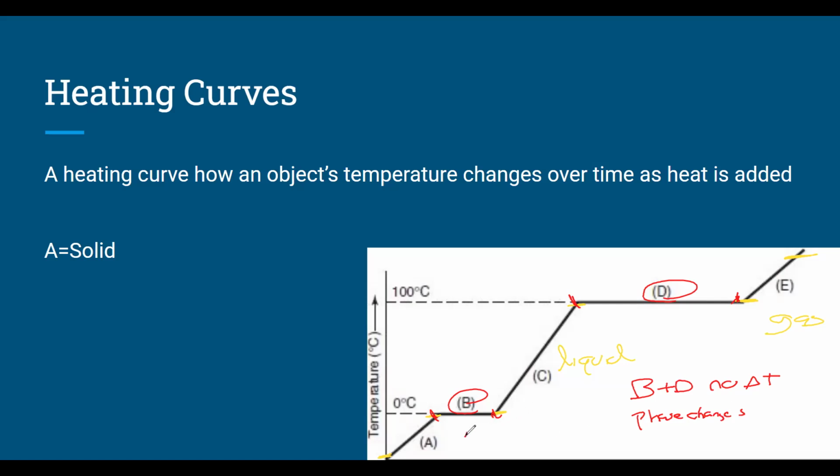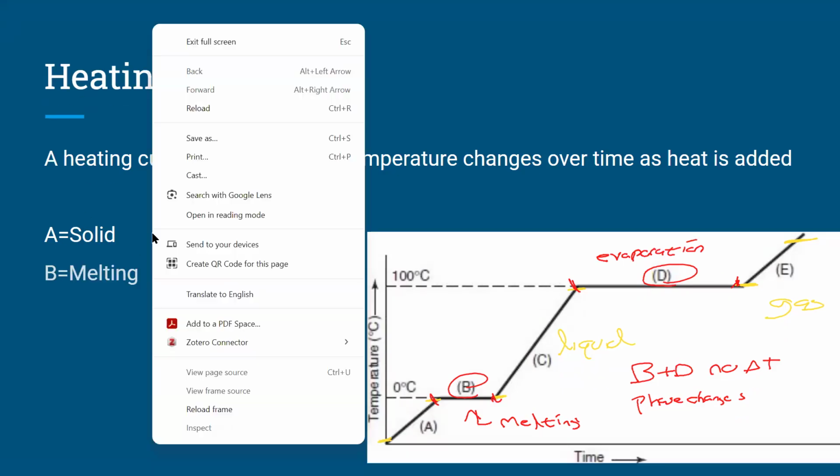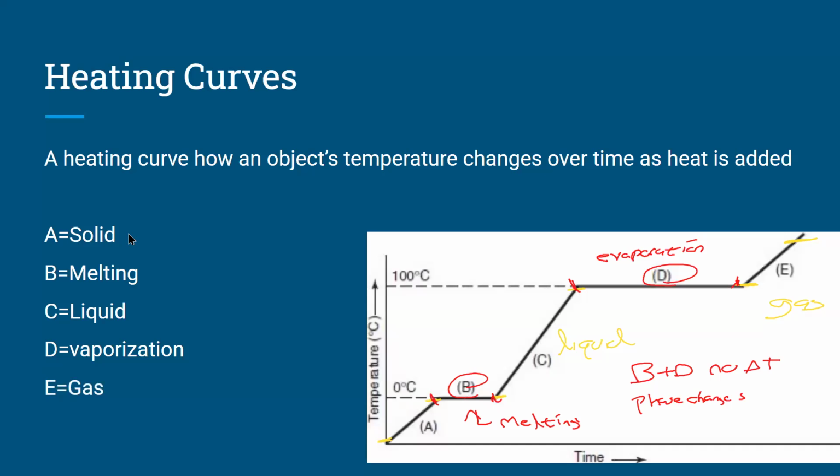Because we're heating this, B is melting, and D, oh my goodness, no, I'm so sorry. D is evaporation. Vaporization would also be okay.